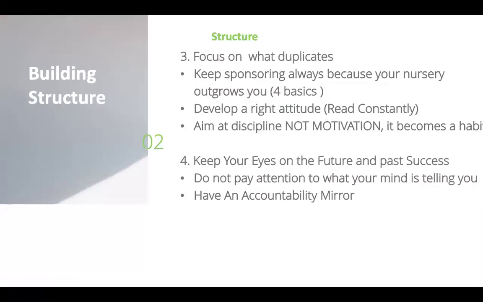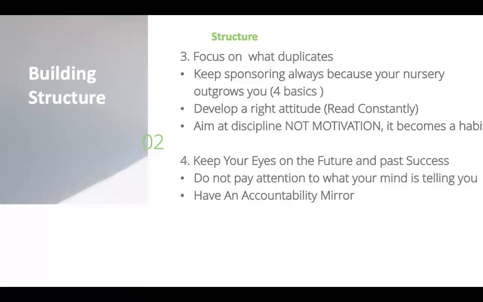Number 3, about structure. Focus on what duplicates. That simply means teach your people to do what you do that is easy to duplicate. Don't complicate our business too much. That is actually what slows down your business. Keep sponsoring always because some of the distributors will outgrow you. That simply means, let me say I sponsor somebody called Sheila today.